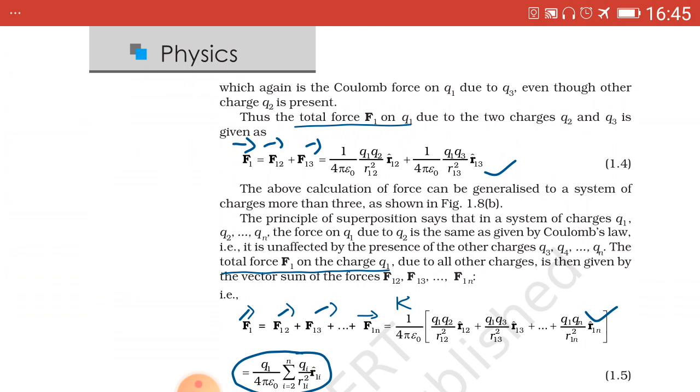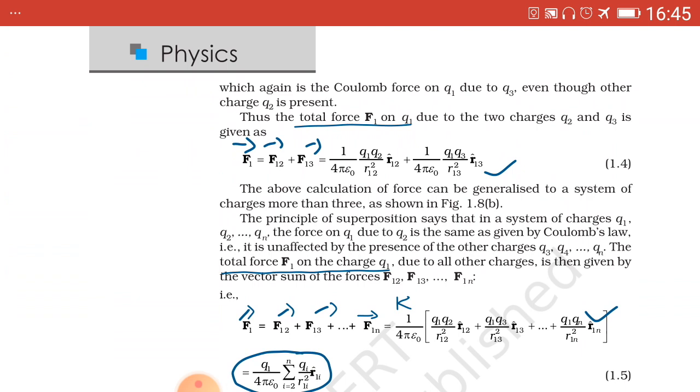due to charges q2 and q3 is given by vector F1 equal to vector F12 plus vector F13, equal to k q1 q2 upon r12 square into r12 hat.